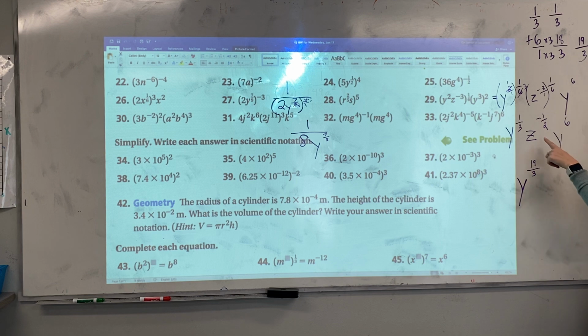And then we have z to the -1/2 power. What do we do? Put it in the basement. So it's going to go underneath here, z to the +1/2 power. Crazy, right?